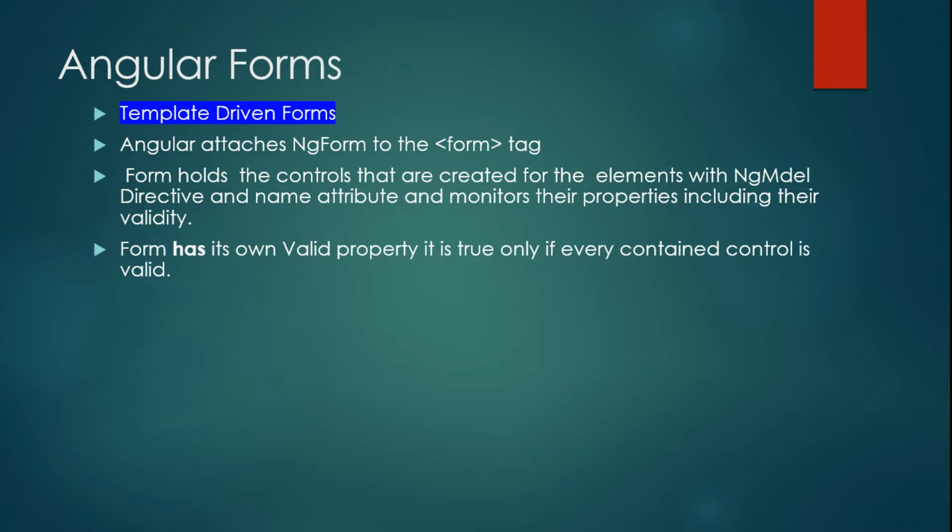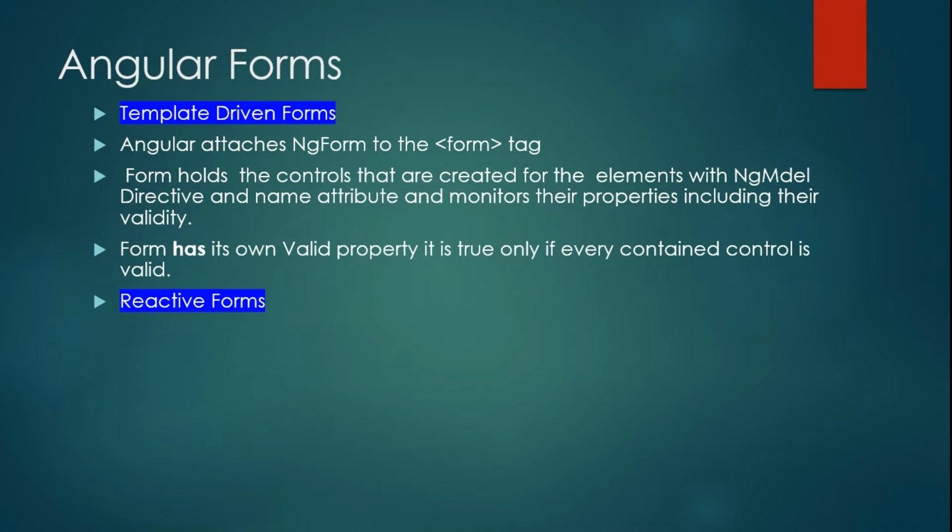So the valid property of the form is set to true only if all child controls' valid property is true. Template-driven forms are driven by the ngModel directive, which we use on the template, so these are template-driven forms.